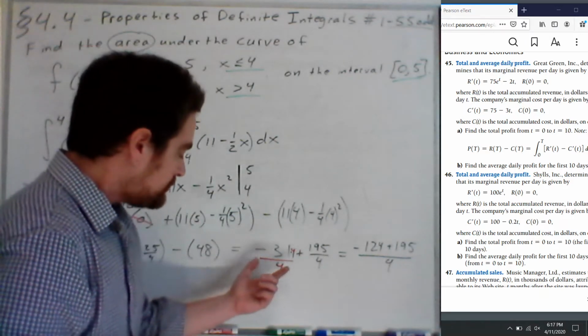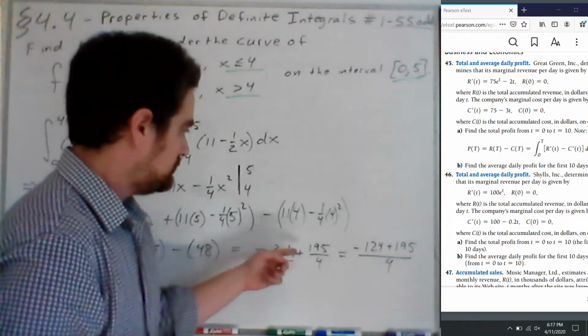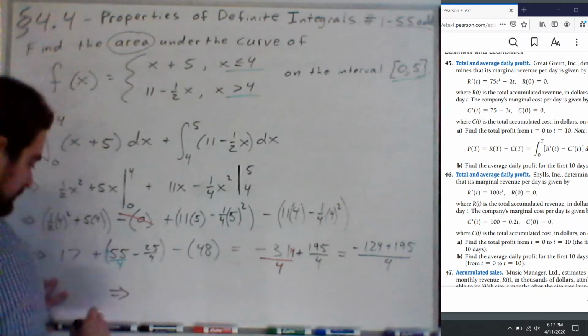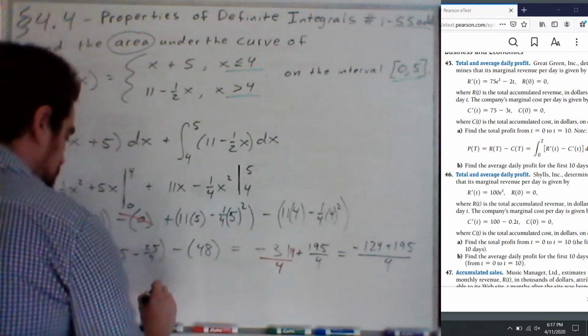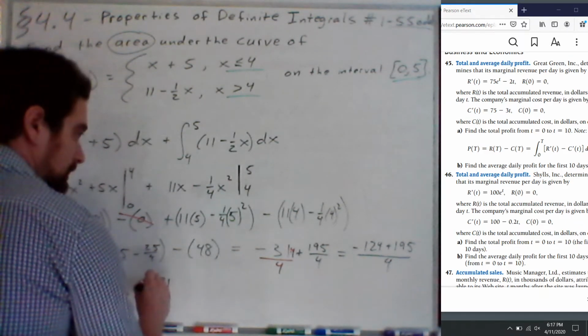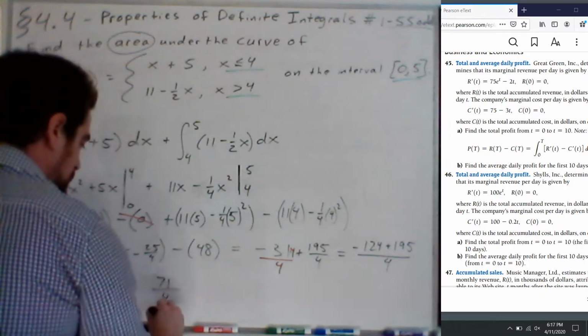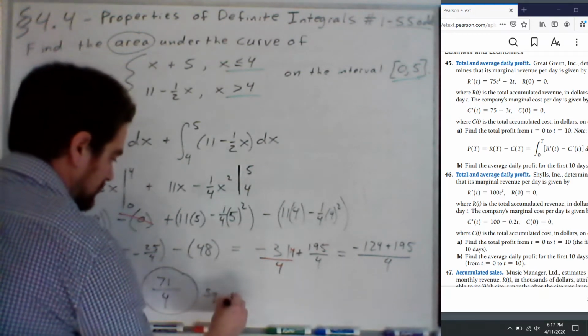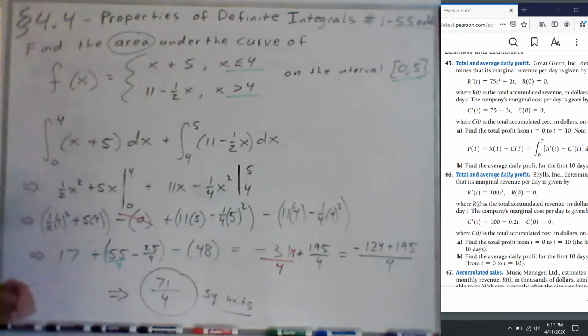So when I do this, I'm actually doing 195 minus 124. That'll give me just 71 over 4. You can say square units since they mentioned area.